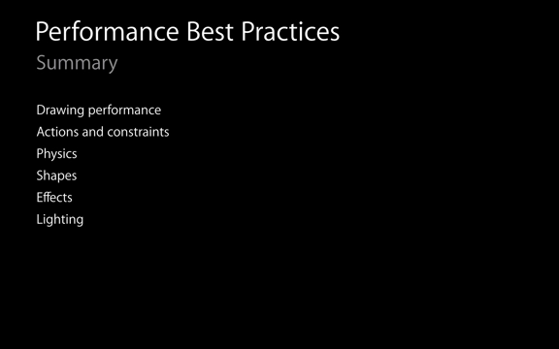Physics, understand the cost hierarchy. Choose appropriately to serve your gameplay. Same with shapes. Effects, understand the cost. Use them wisely. And lighting is a cheap and easy way to extra awesome. And I'd like you all to make your games as awesome as possible.